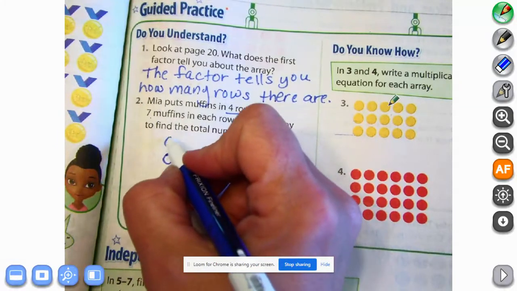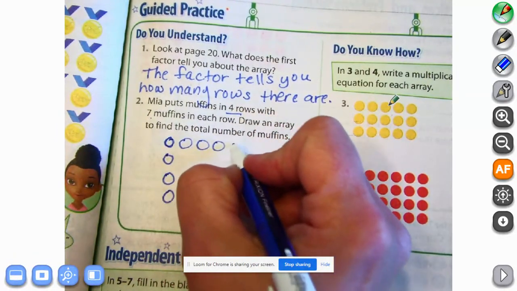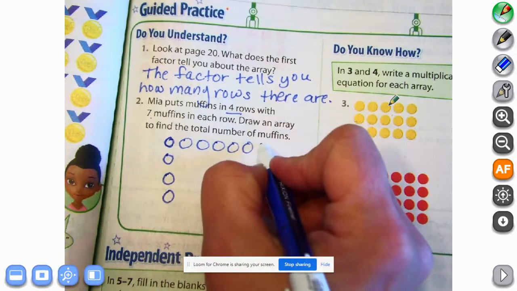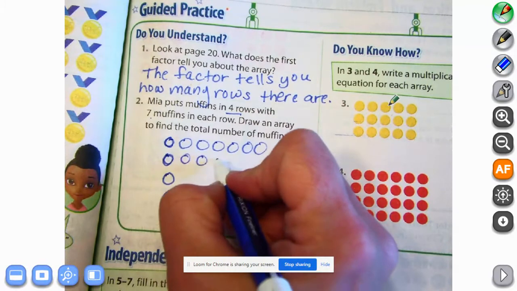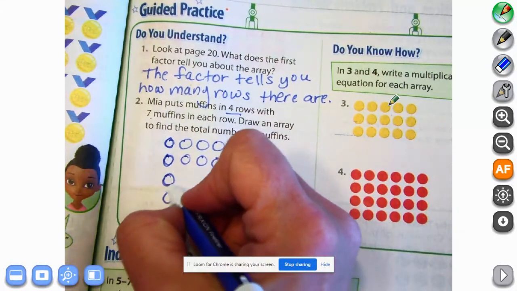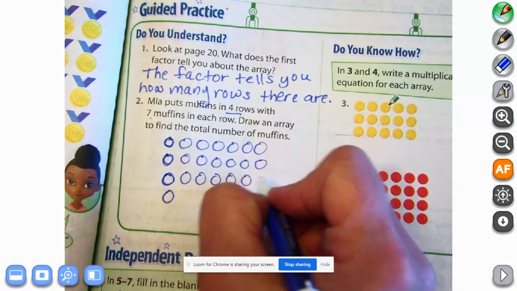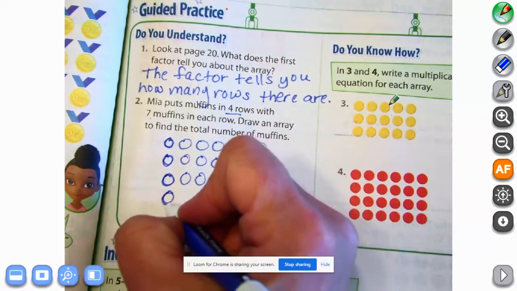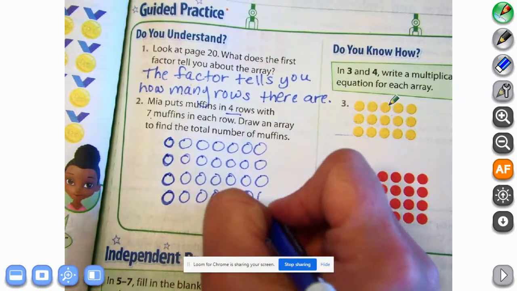So we have 1, 2, 3, 4, 5, 6, 7, in each of the 4 rows.